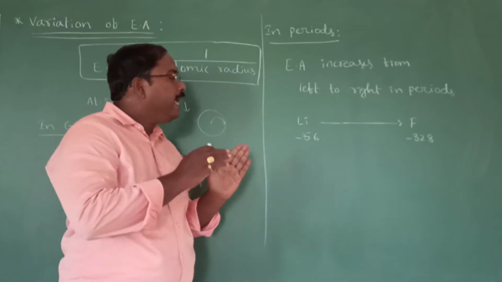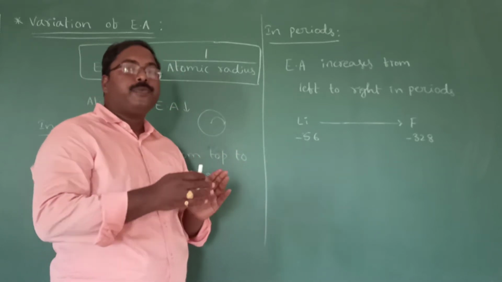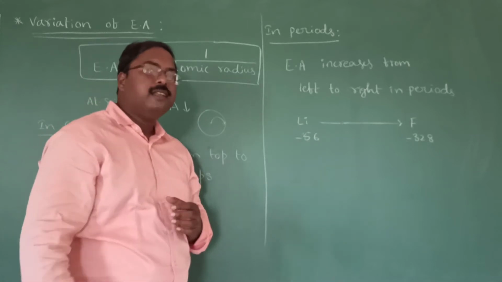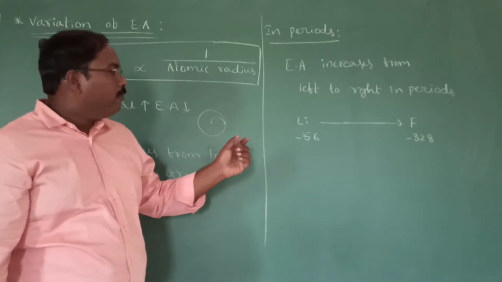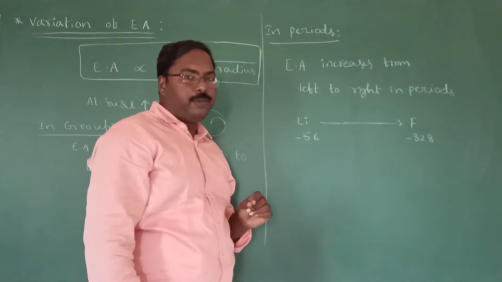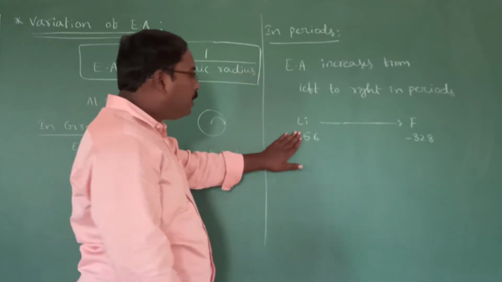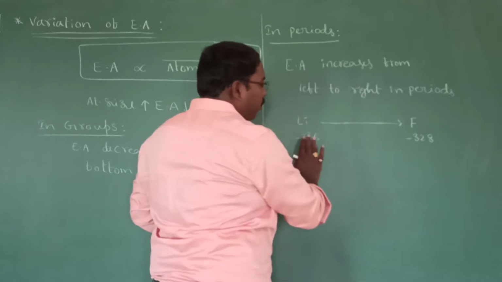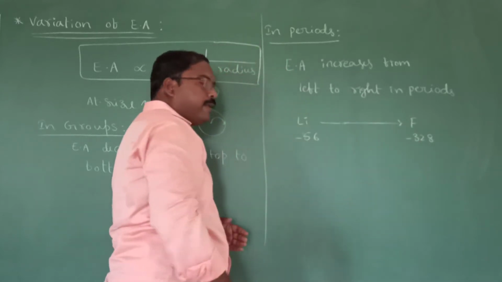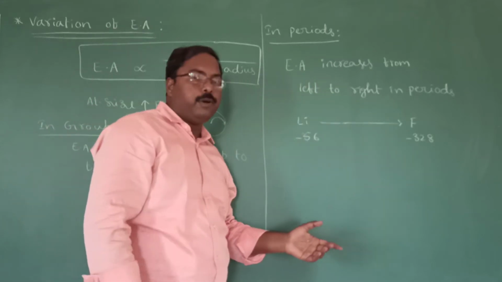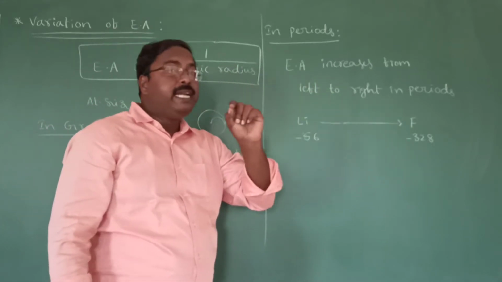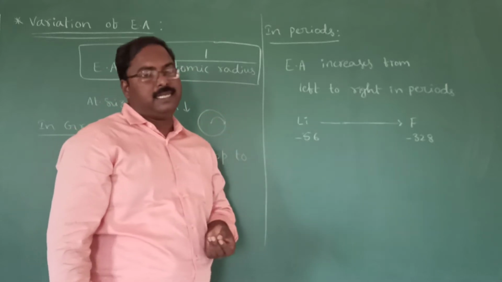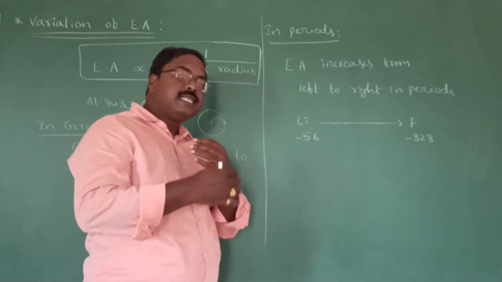Okay, the negative sign is common because electron affinity means energy is released, right? So when they give values, you don't get confused. Forget about the negative sign. Left to right, what has happened? Electron affinity value increased from 56 to 328. Here the negative sign represents that energy is released; the process is exothermic.